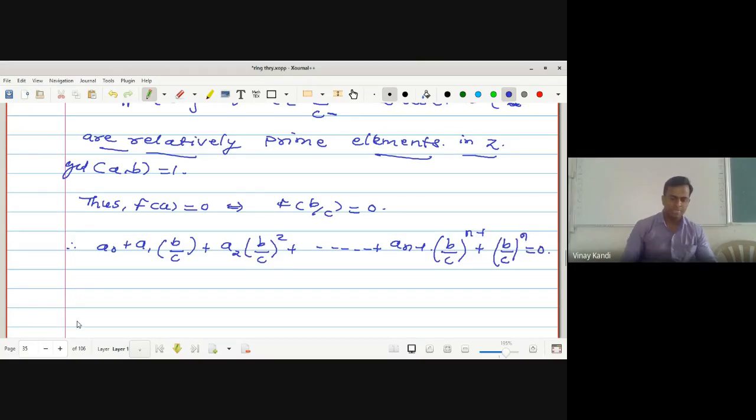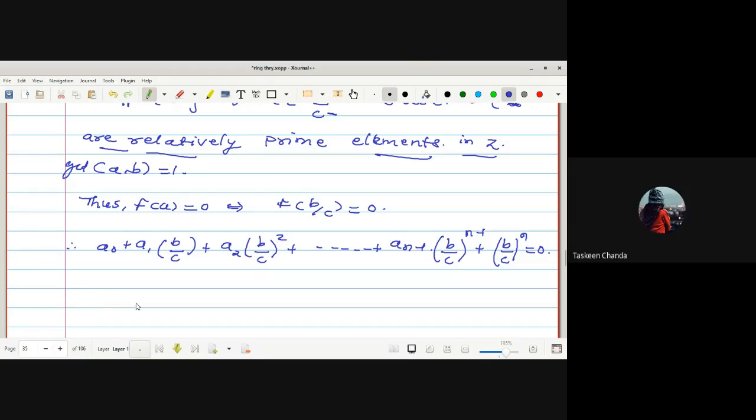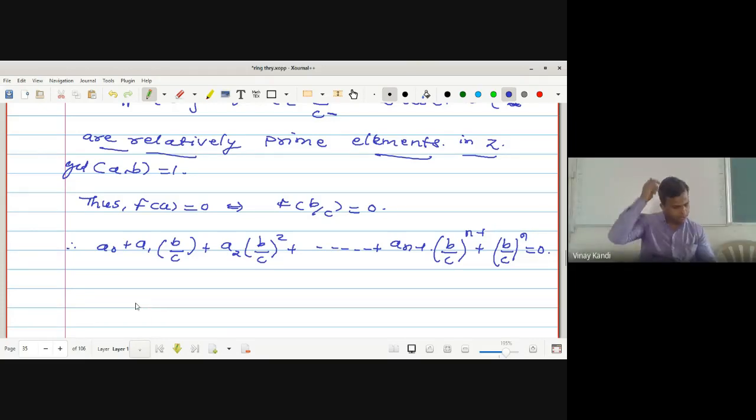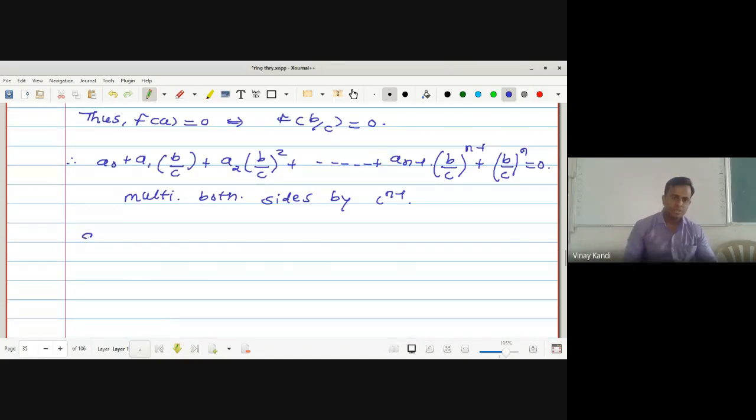Okay, any doubt up to here? No, sir. Now multiply both sides by c raised to n minus 1. Okay, so we obtain, we get a naught into c raised to n minus 1 plus, look at here, a1 into b into c raised to n minus 2.